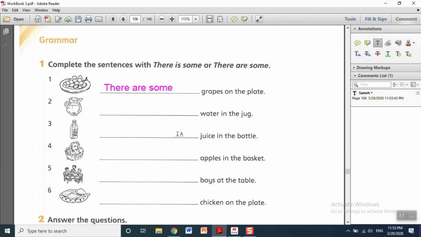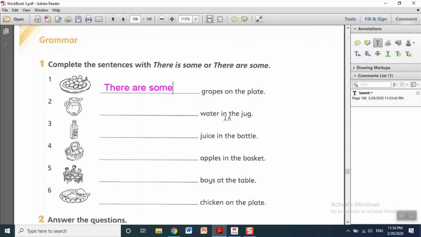Okay, in number 2, look here and tell me what can you see? What is this? Excellent, it's a jug. What is there in the jug? Excellent, water. So we say here there is or there are some water in the jug.